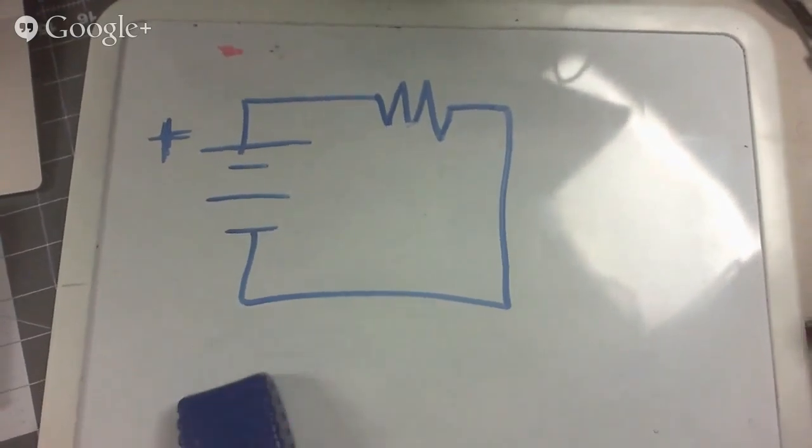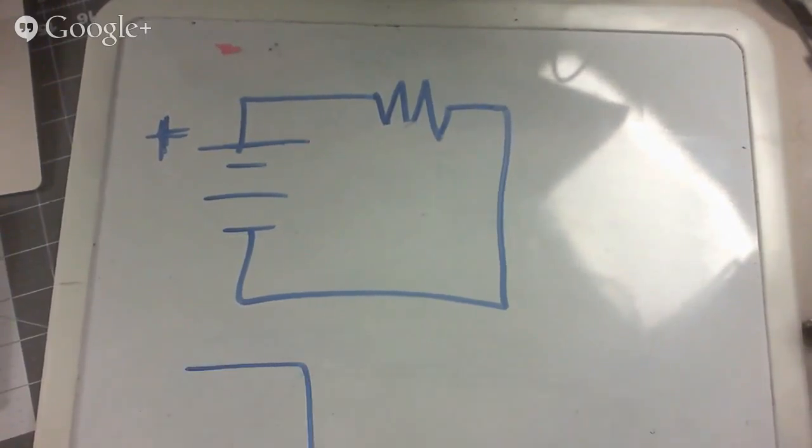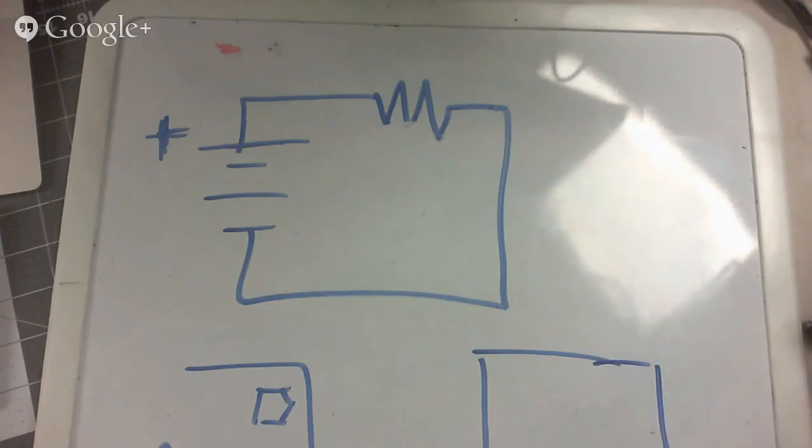The thing to remember is, let's say we have a device A. It's got a little output here, and we want to play with device B as an input.